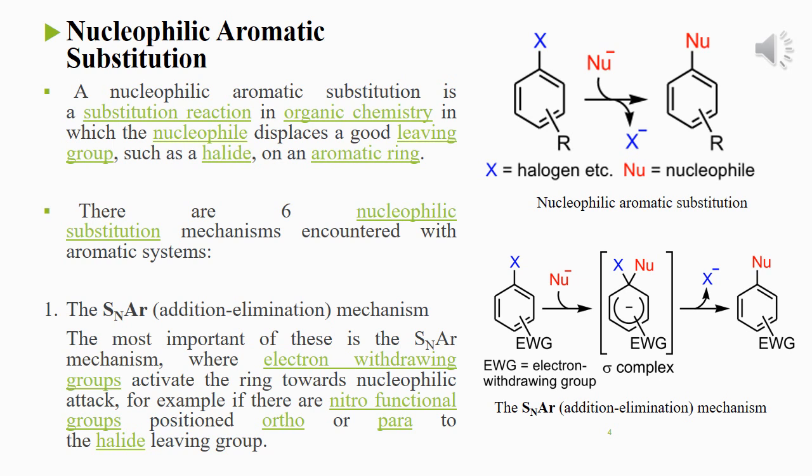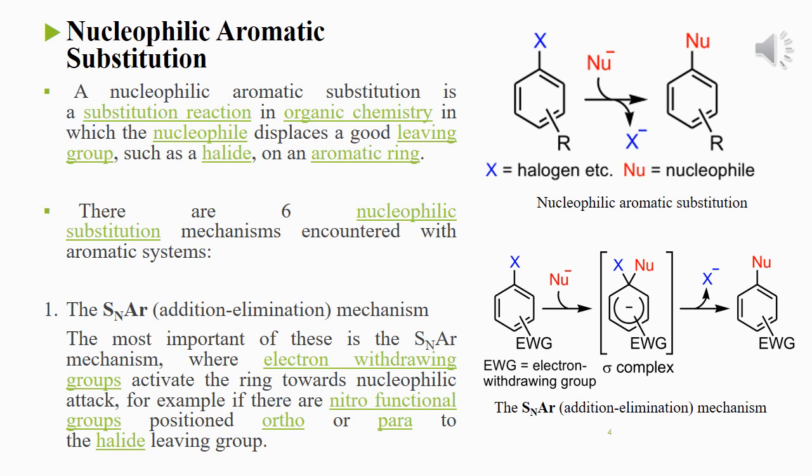Benzene ring having leaving group X, a halogen or anything like that, and nucleophile is just attacking and displacing this halogen, and then as a product the nucleophile is attached on the benzene ring.